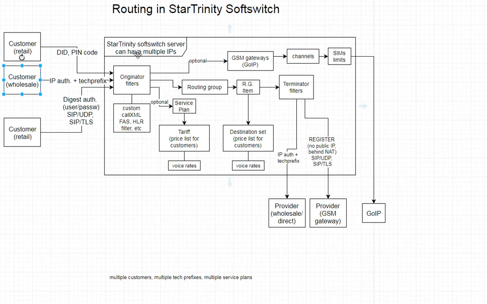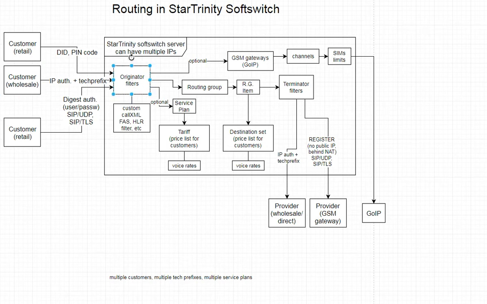The softswitch can run on multiple IP addresses on a Windows server. An additional IP address is about $2 per month. So the softswitch understands the source IP address of the SIP call and it understands what the originator is.